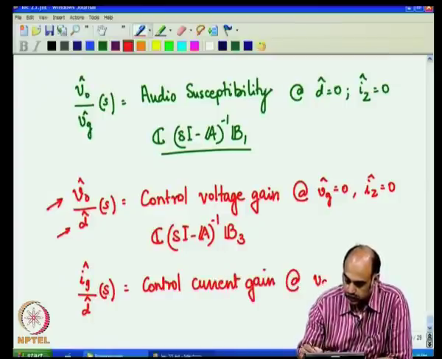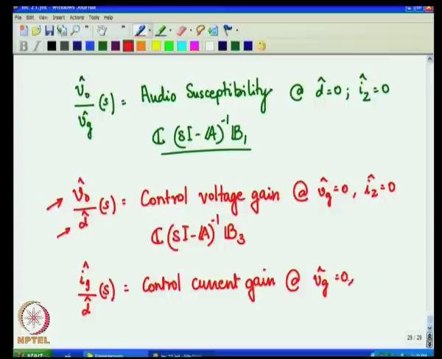And this again at Vg hat equal to 0, Iz hat is equal to 0, and this is calculated as C matrix changes, (sI minus A) inverse B3 column.